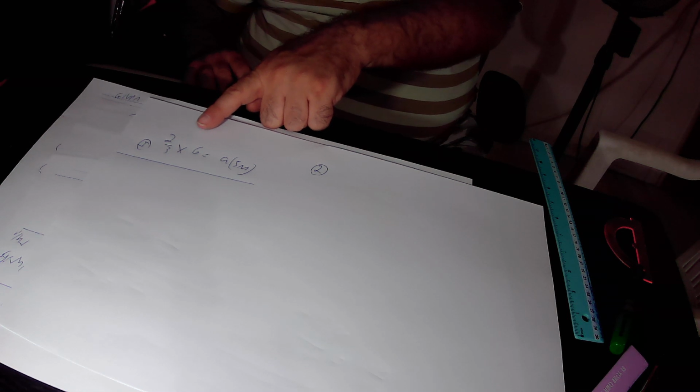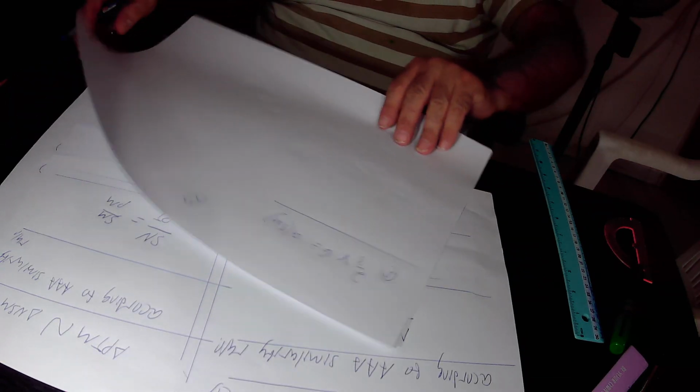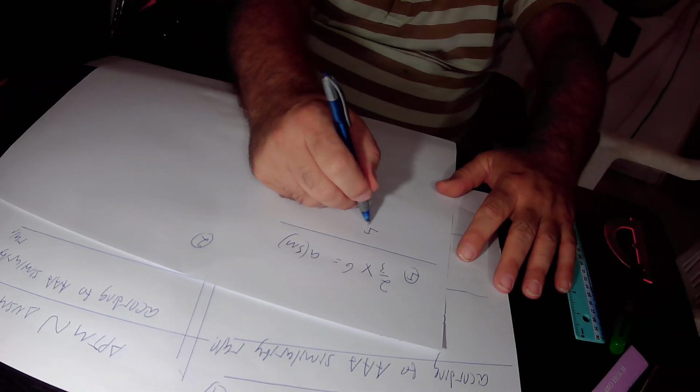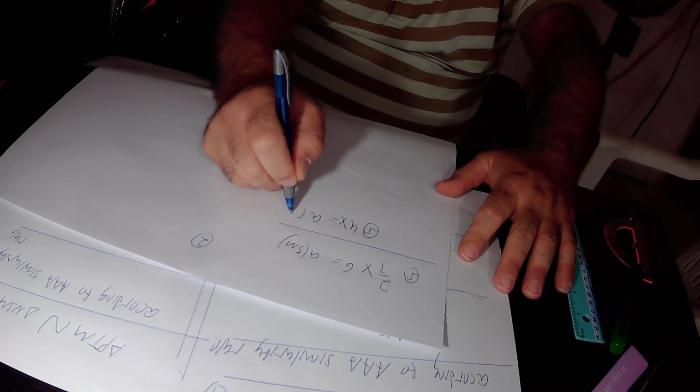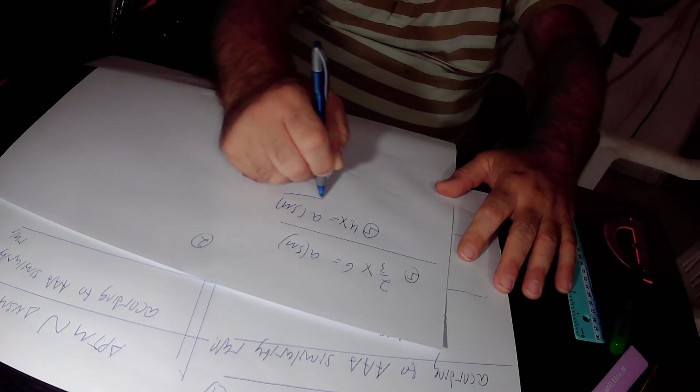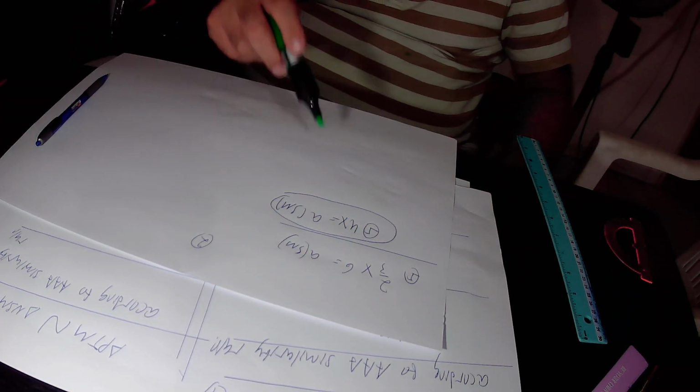So in total, on this side of the equation we have 4x. So according to equation 1, 4x equals A times SM.